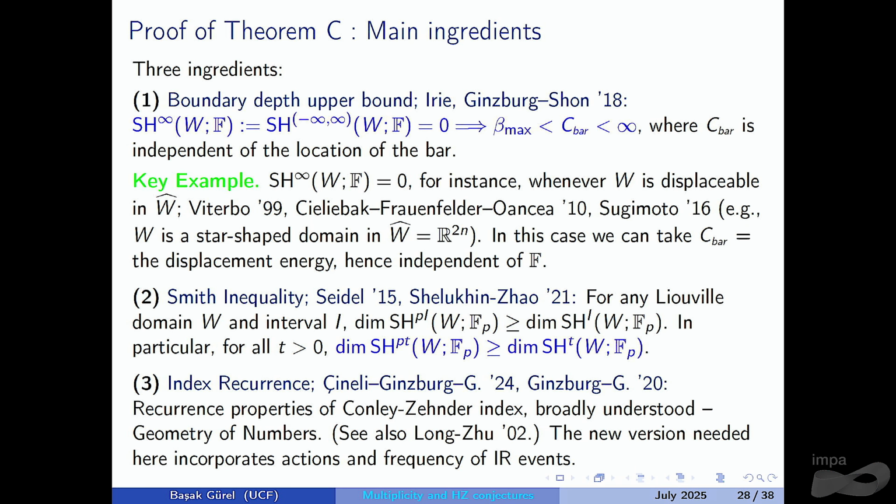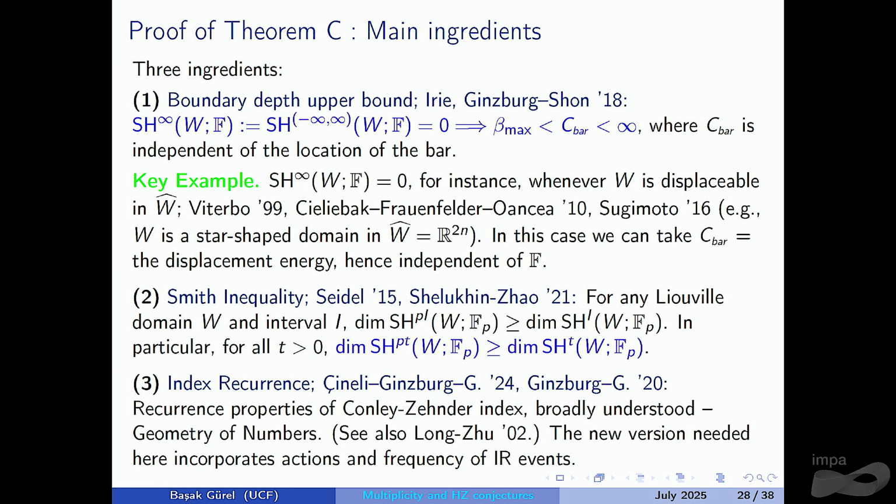Okay, so let me try to explain a bit of the ingredients of the proof. The proof of theorem C: the dimension of SH^T is 1 for every T. There are three ingredients in the proof. The first one is the boundary depth upper bound.